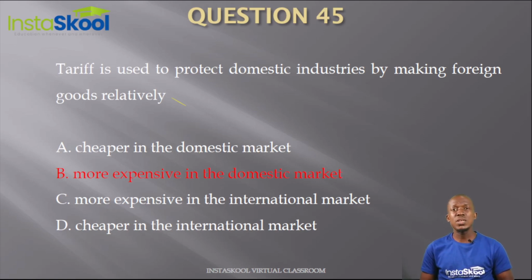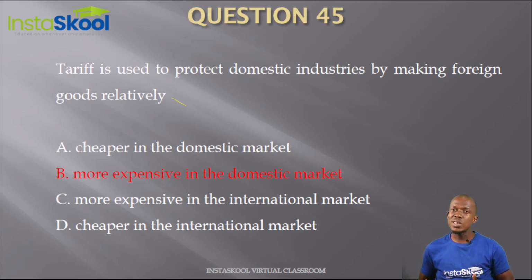Now, this would make a bottle of Pepsi more expensive in the local market, but in the international market, it still remains 120. The effect is that, take for example, Biggie Cola costs them 140 naira to produce. You see that if they bring Pepsi at 120, it will be difficult for Biggie Cola to sell their own.